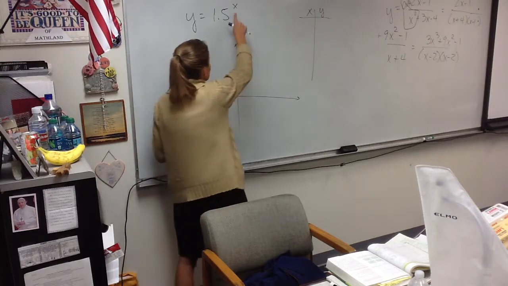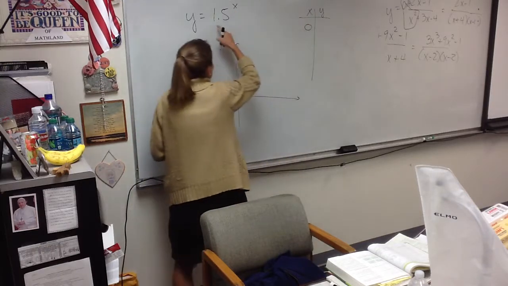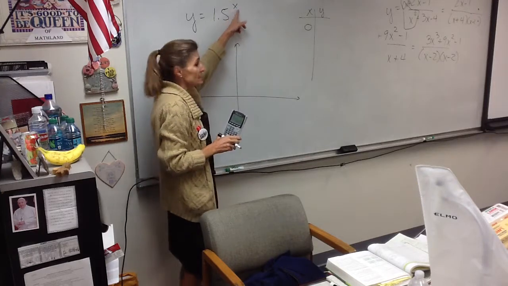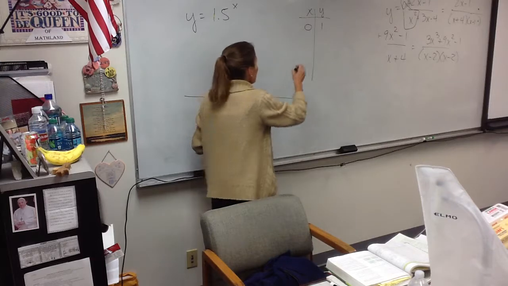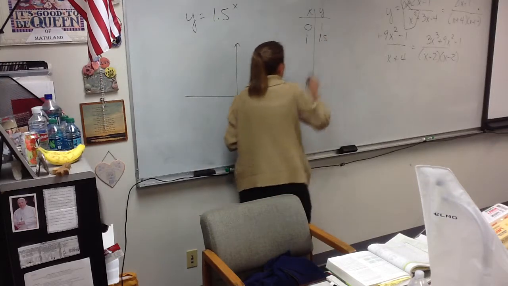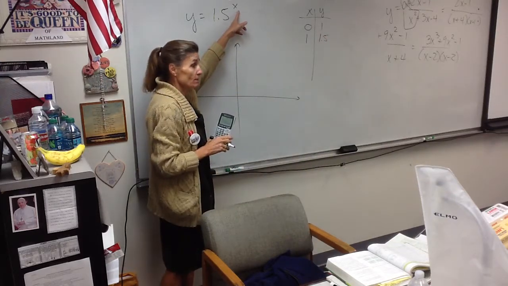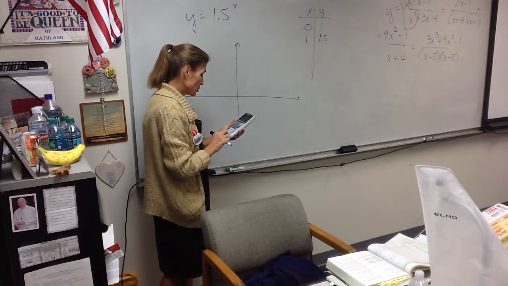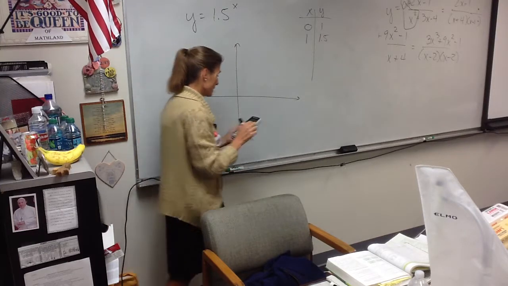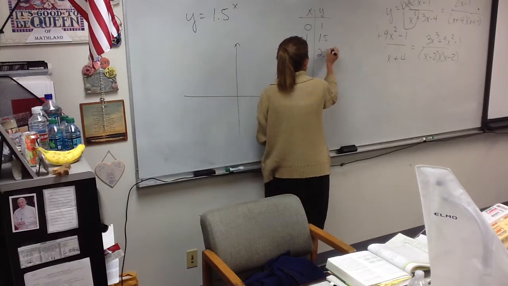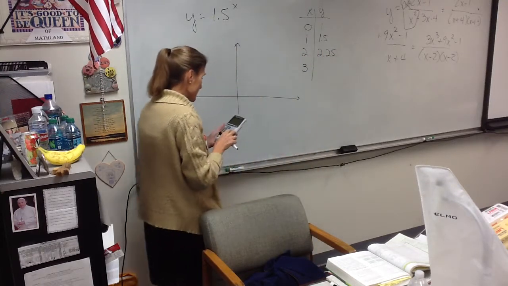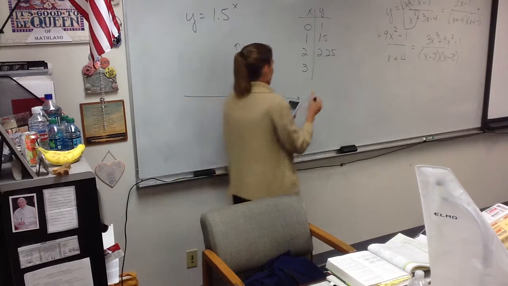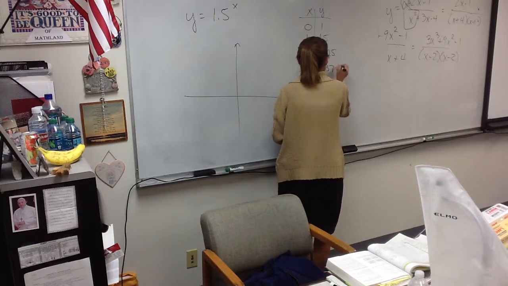So if I put in a 0, what is anything to the 0 power? 1. That's just gonna be 1. All right, if I put in a 1, I'll get 1.5 to the first. If I put in a 2, I get 2.25. If I put in a 3, 3.375.